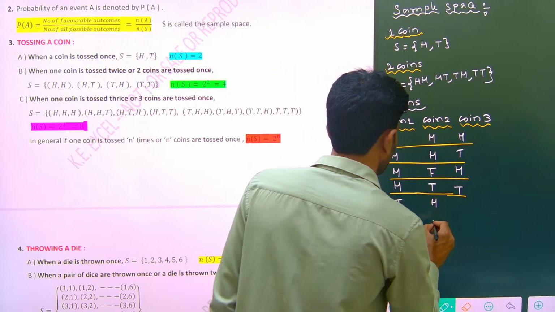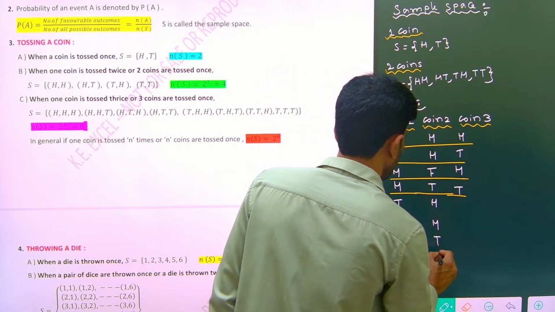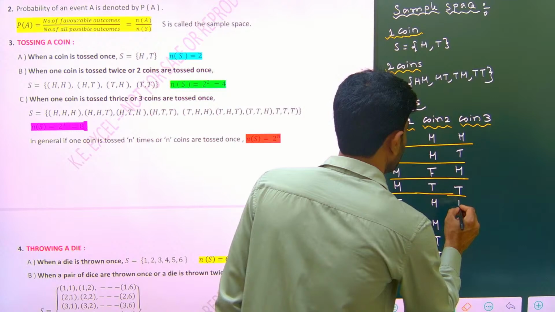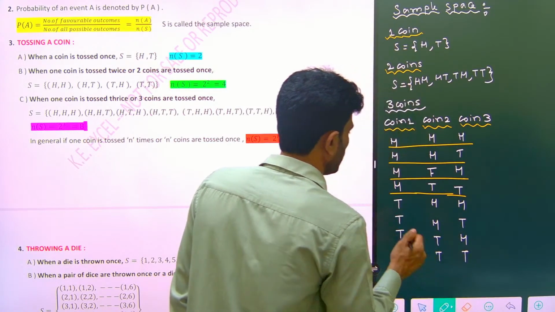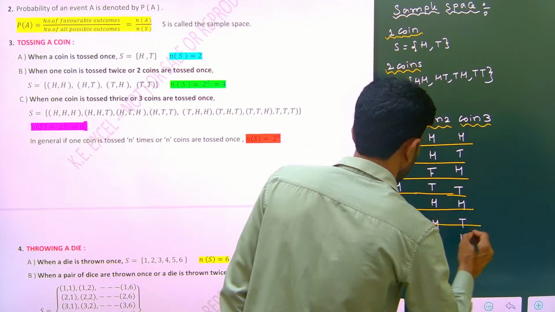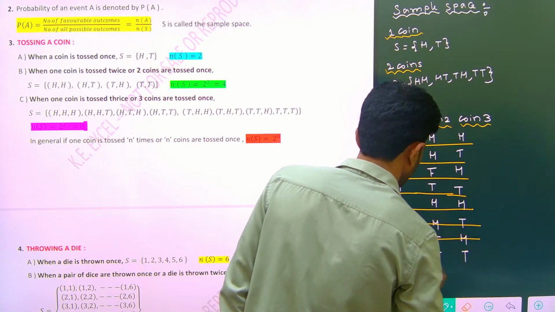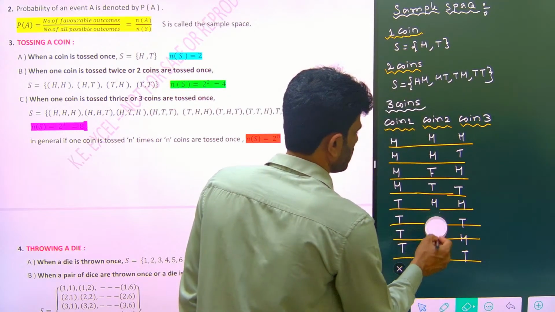H, H, T, T. Here H, T, H, T. So I said to follow like this. These are the 8 combinations.